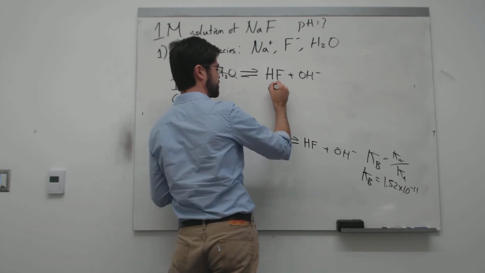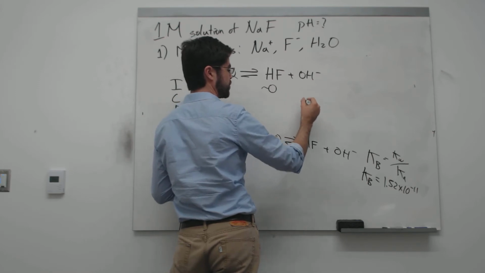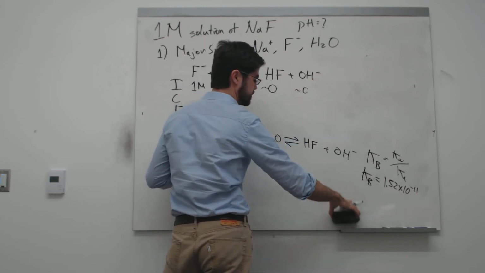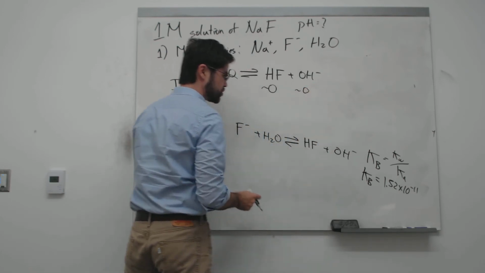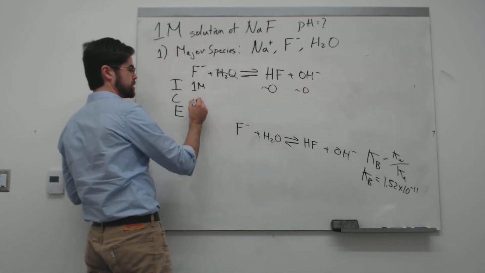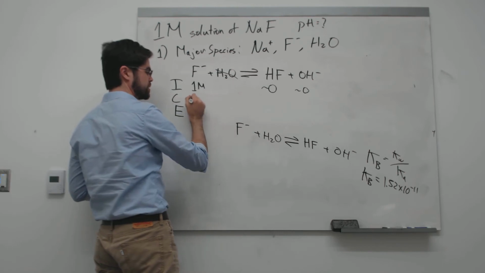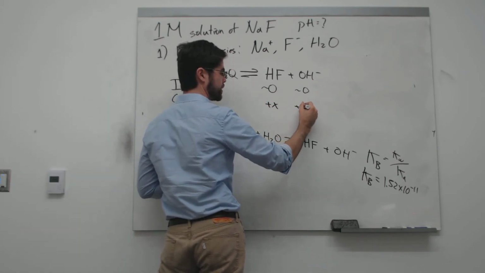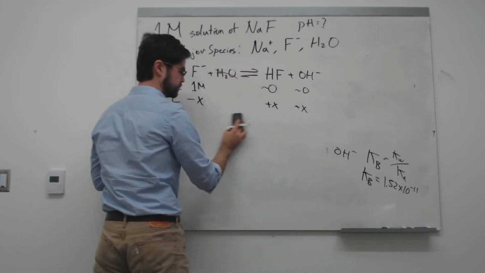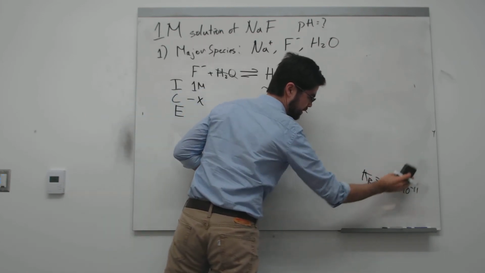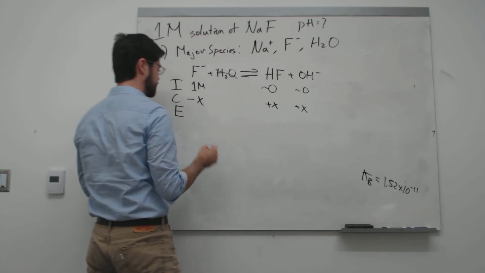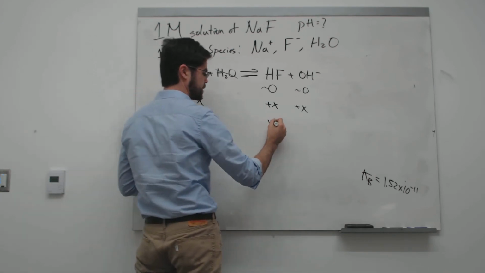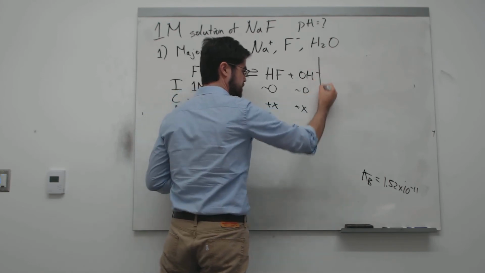I assume that there is initially no HF and no hydroxide ions present, and there's no other source for hydroxide ions. I will shift right and produce products, since I initially have no products. I'll leave the Kb there for the time being. So my equilibrium concentrations are 1 minus x, x, and x.